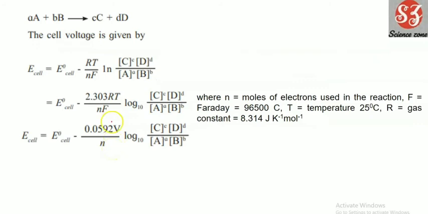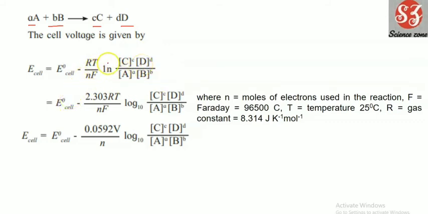Okay. Next is this. Suppose there is a reaction aA plus bB gives cC plus dD. So the E cell over here will be equal to E0 cell minus RT upon nF ln concentration of product divided by concentration of reactant.